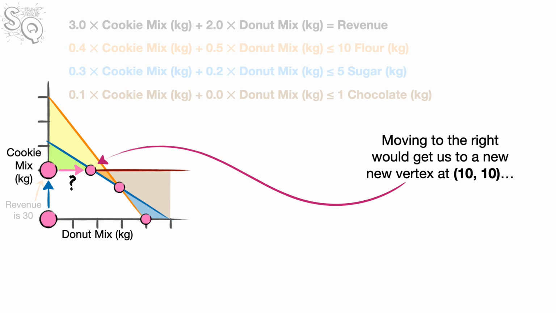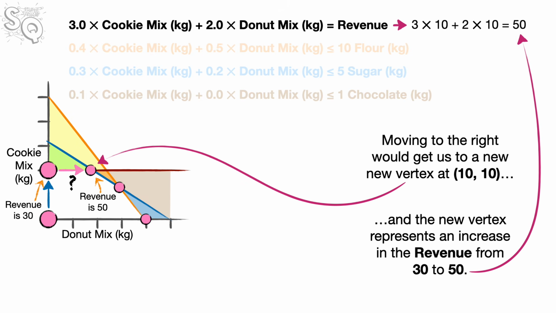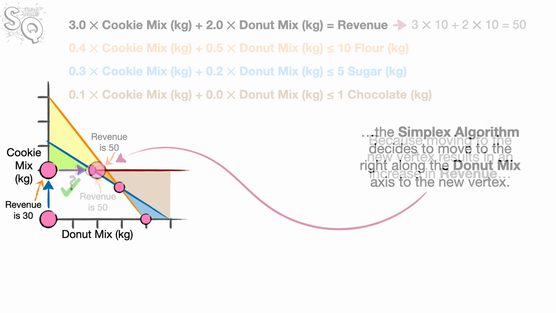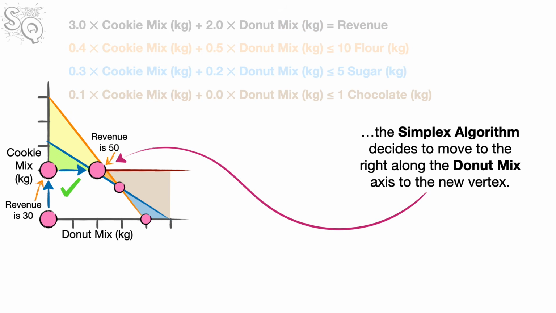Moving to the right would get us to a new vertex at 10, 10. And the new vertex represents an increase in the revenue from 30 to 50. Because moving to the new vertex results in an increase in revenue, the simplex algorithm decides to move to the right along the donut mix axis to the new vertex.